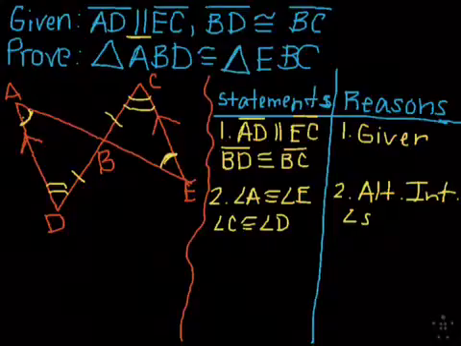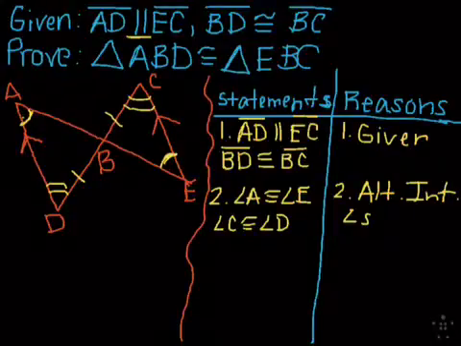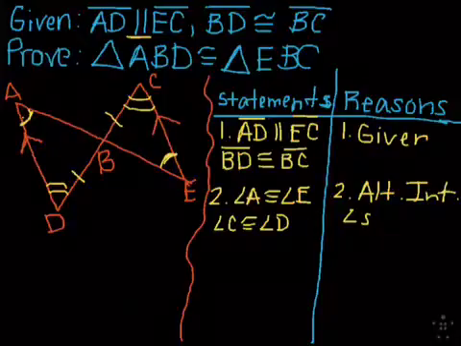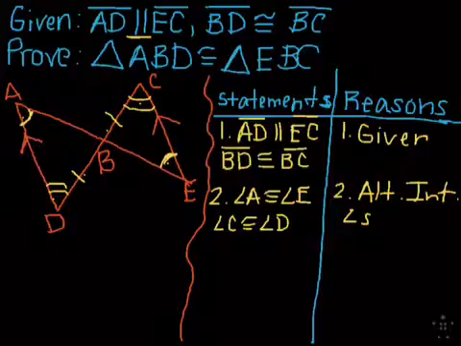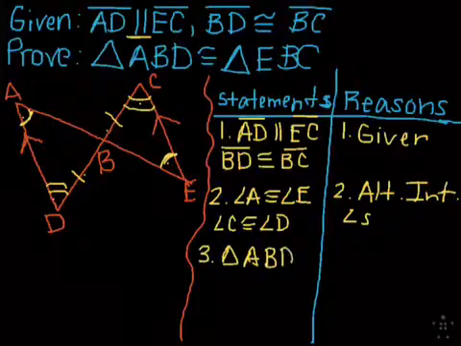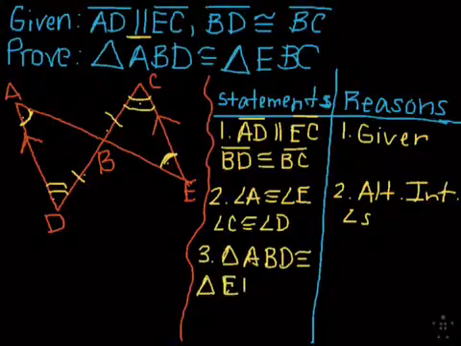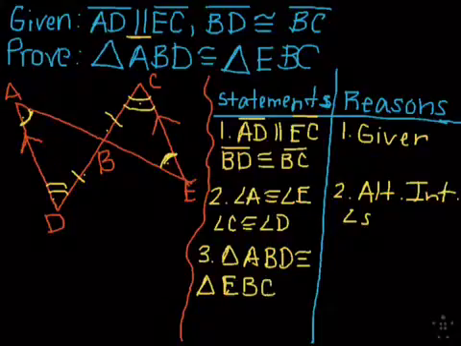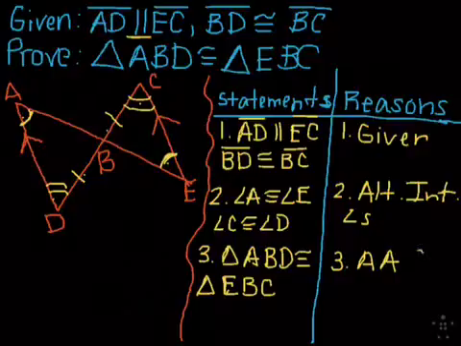And that's really all the information I need to prove that these triangles are congruent, because look, I know an angle, and a side, an angle, and a side. So I know that triangle ABD is congruent to triangle EBC by angle, side, angle.